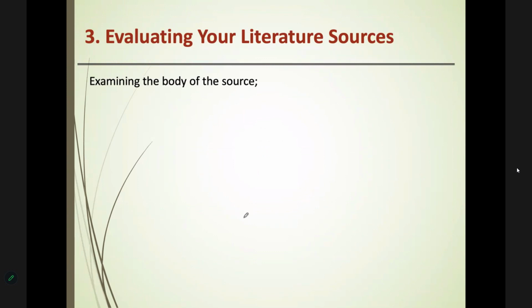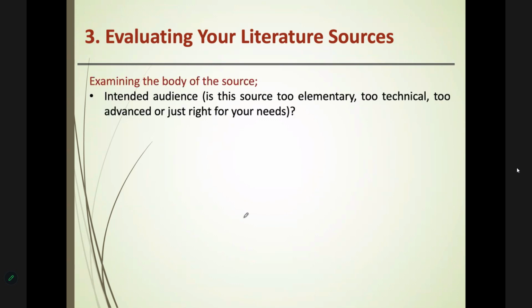So first you have the initial scanning of the credibility of the journal, and then you evaluate the literature by examining the body of the source, right? Who the intended audience is, is one of the main things, because the source may be too elementary, too technical, or too advanced, so choose what suits your needs.